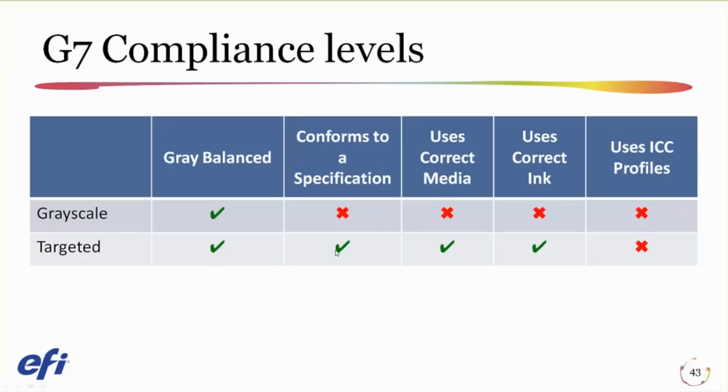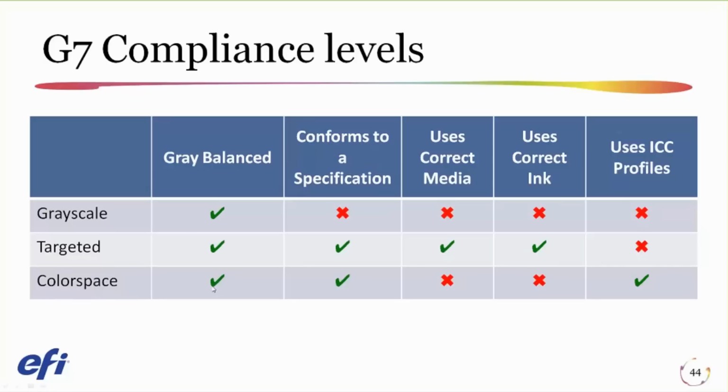It conforms to a specification, SWOP, GRACOL, etc. It does use the correct media, and it does use the correct ink. So I can't put ISO newsprint media on my press and expect to hit FOGRA 39. Not necessarily going to work.